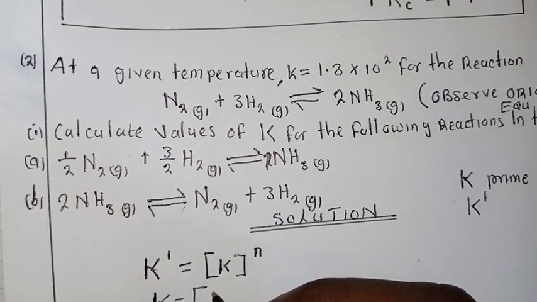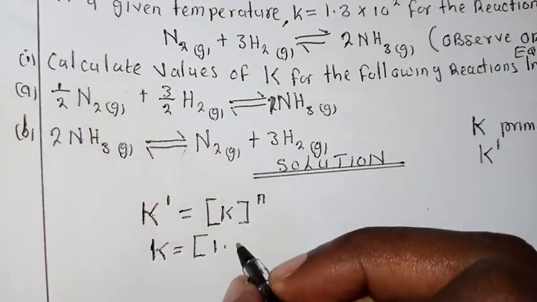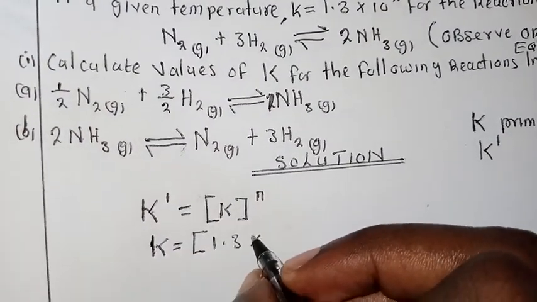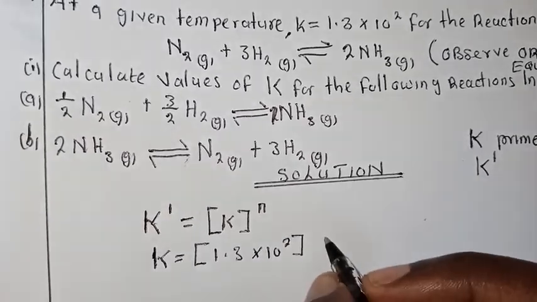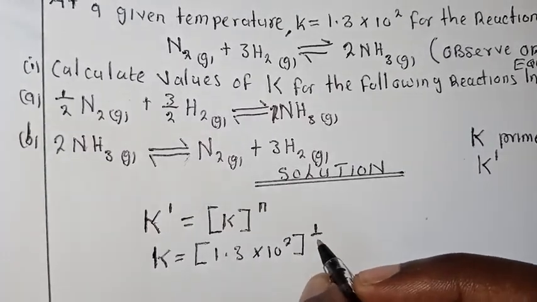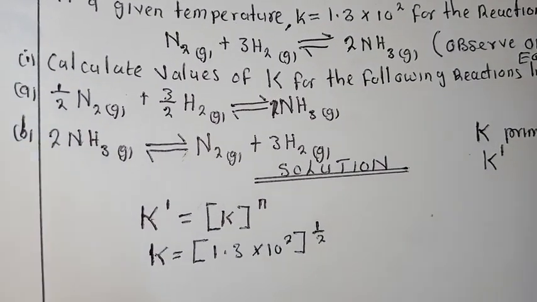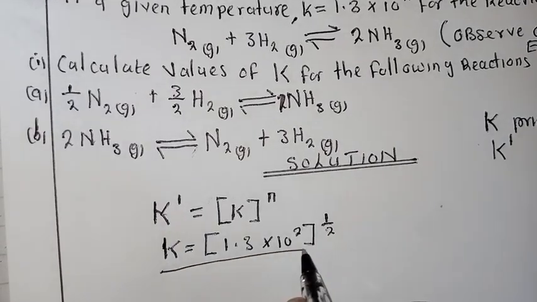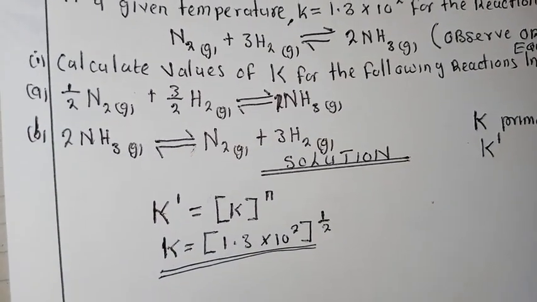Then of course, what is my constant K? It is 1.3 multiplied by 10 to the power 2. And of course, my n is simply 1 over 2. Whatever value you find, that is exactly the value of K prime for the first question.